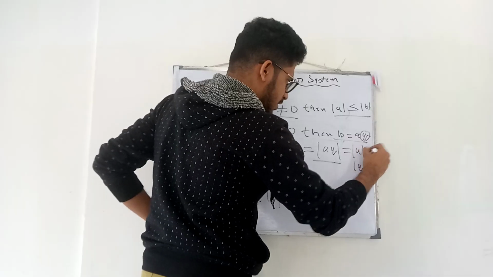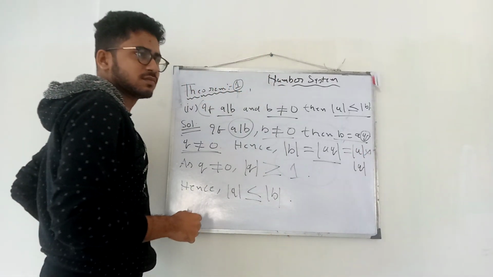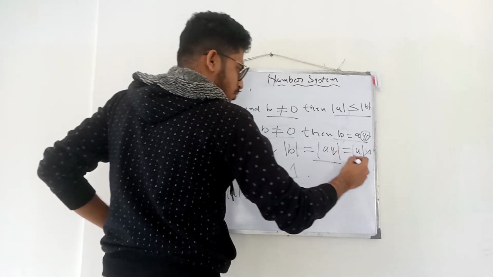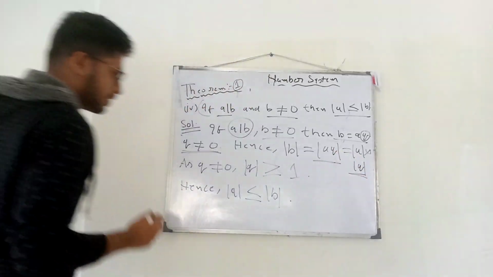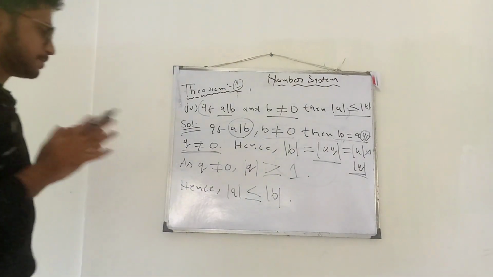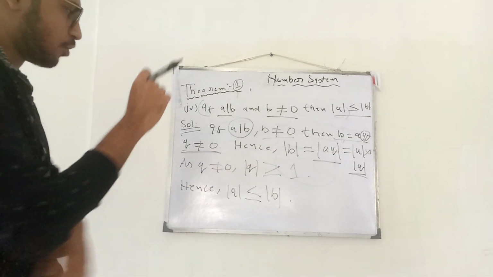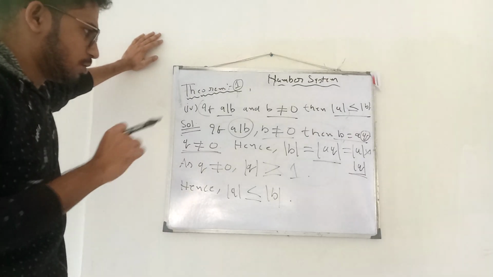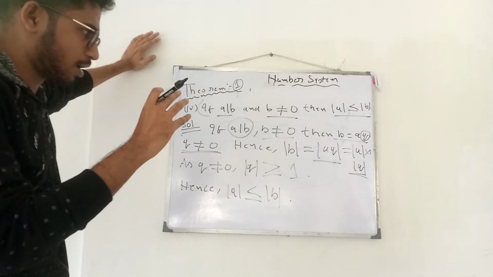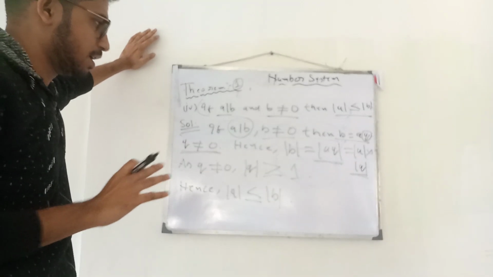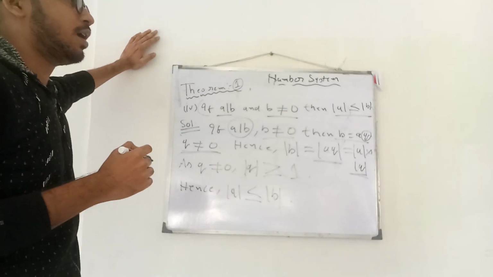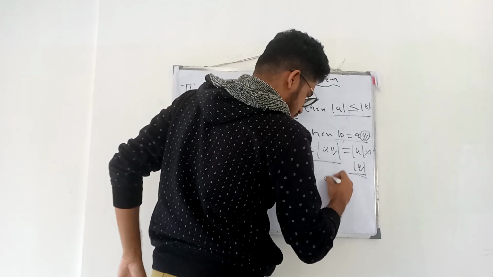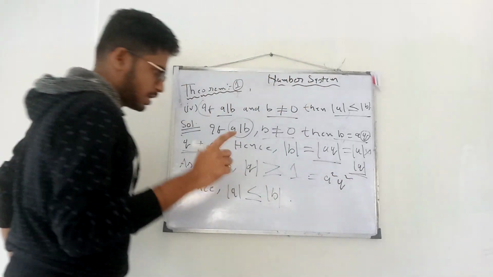Then we can break it into modulus of A into modulus of Q. Suppose, what is the function of modulus? We all know modulus absorbs the power of any integer. Suppose before the modulus its power is A square and Q square.